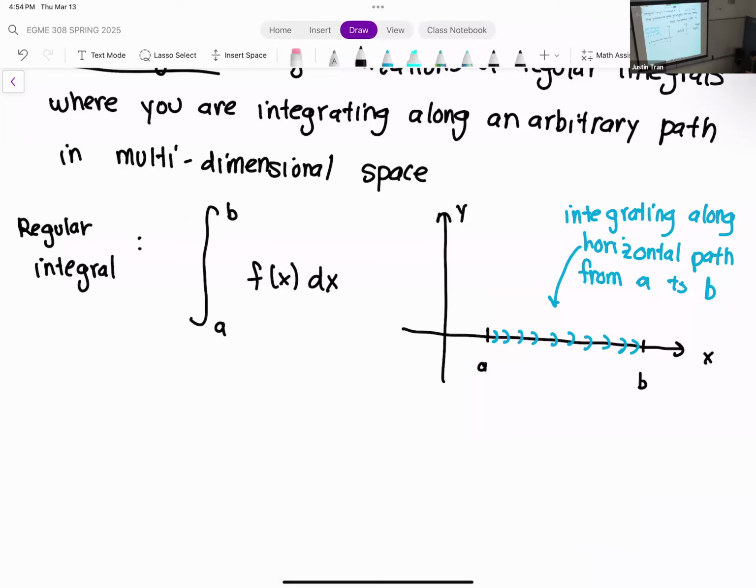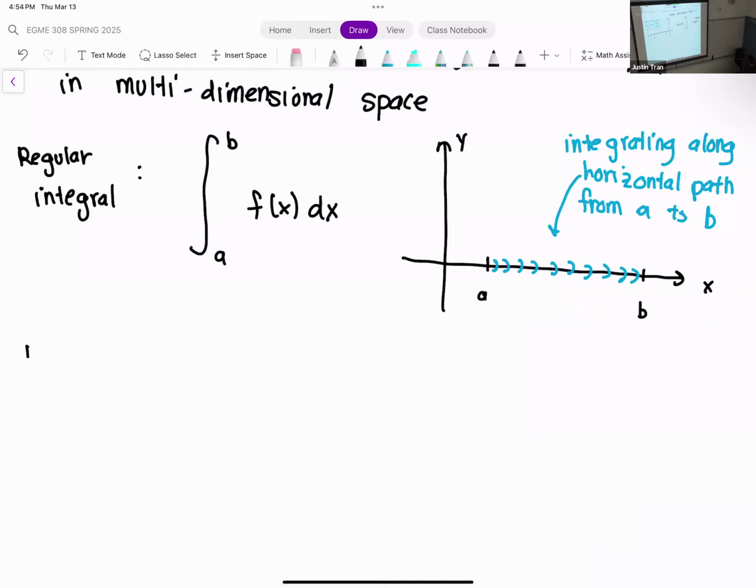Okay. For a line integral, a line integral might look something like this.